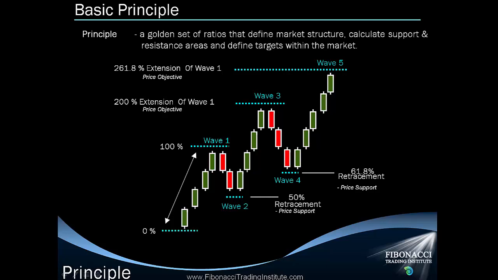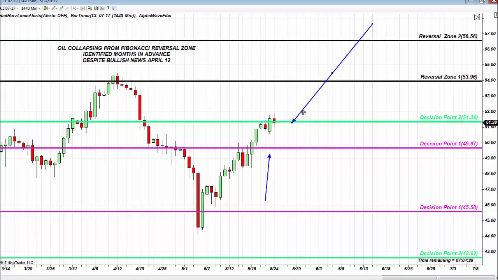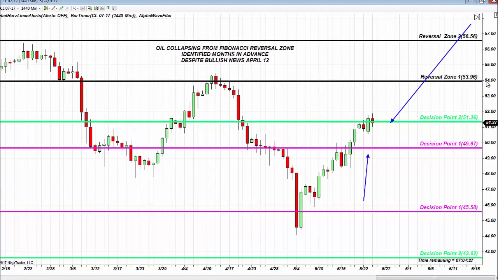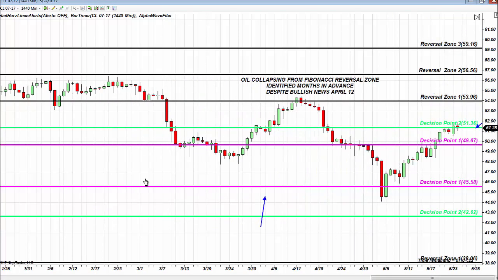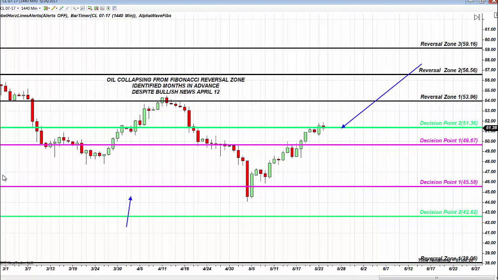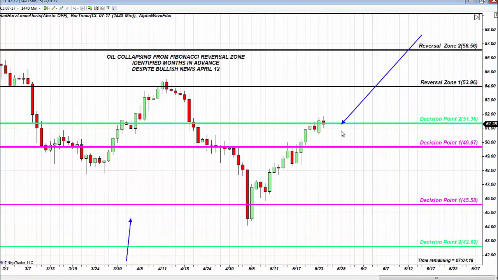Here is the example. Here is oil. Oil daily chart that's been present in the trading room since early 2016. This was one of the biggest events on April 12th. On April 12th, we had one of the most bullish news in months.